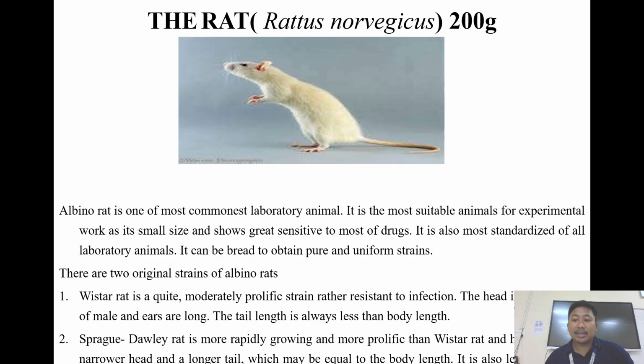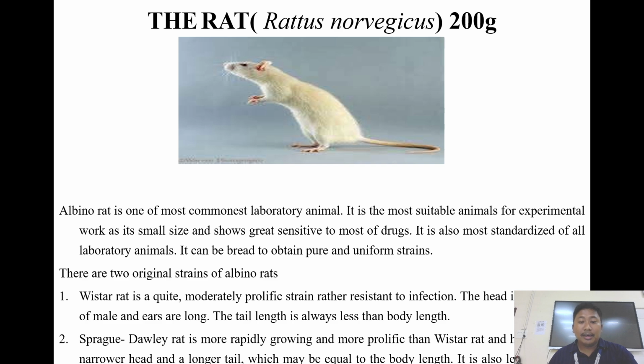It is the most standardized of all the laboratory animals, because whenever we see the organs or pathophysiology of the rat, we find similarity in humans. And we found maximum similarity in the rat, in different organs or the cells that we use for different purposes in pharmacology.